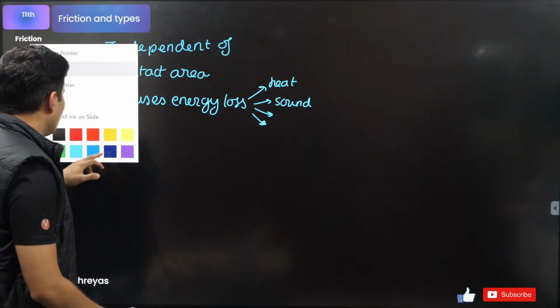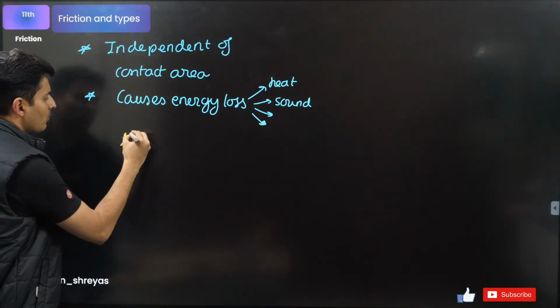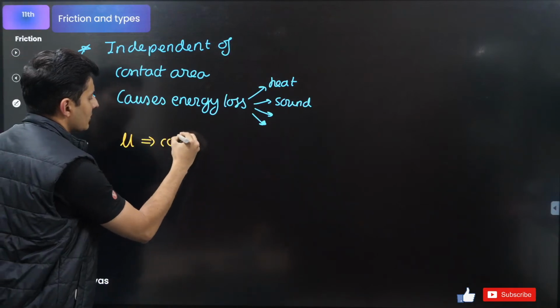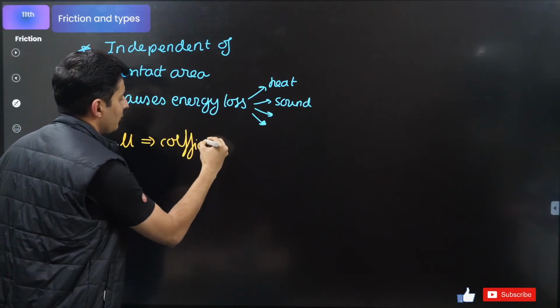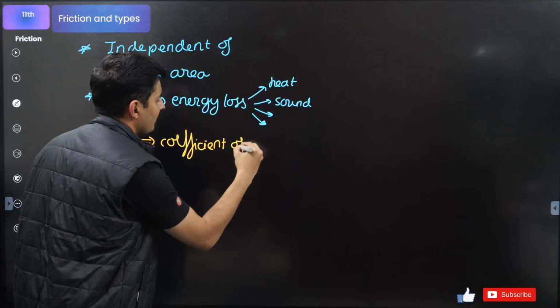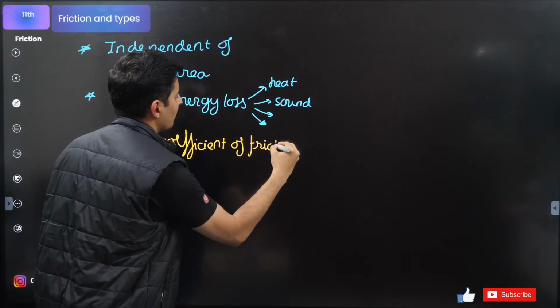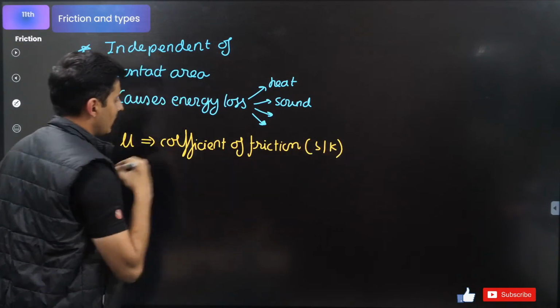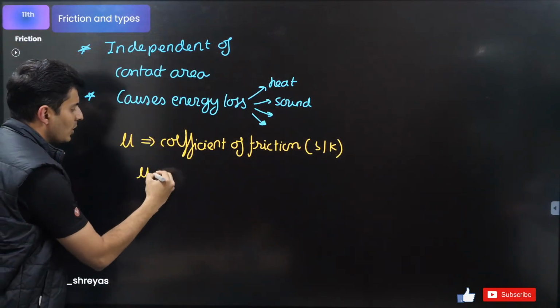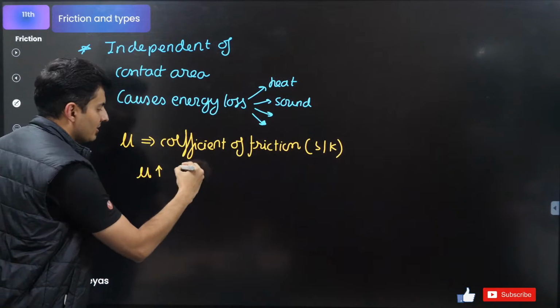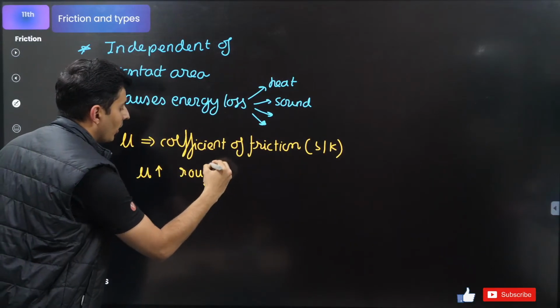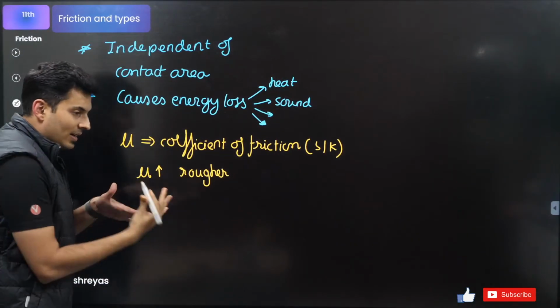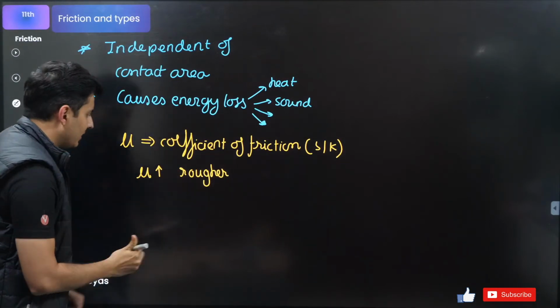So what is this mu in general? What the hell is this mu? Mu is just called the coefficient of friction. It could be static or kinetic, either of them. If the value of mu is more, that means the surface is more rough. It's very difficult to slide things.